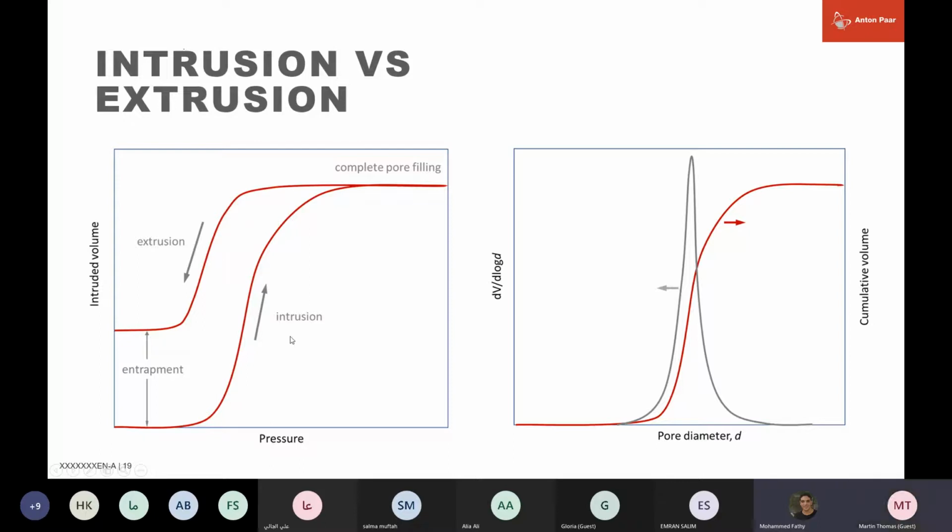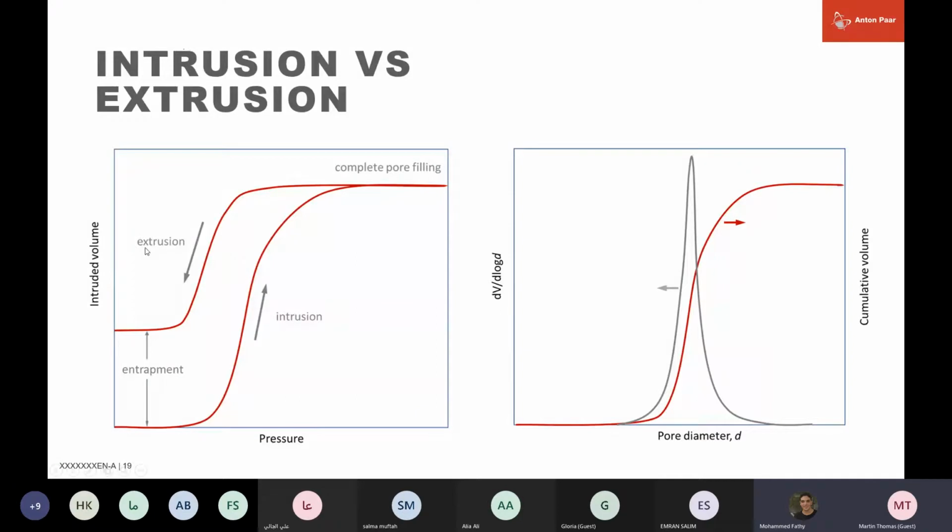Now, there's some different reasons for this. One is a change in dynamic contact angle. That is the contact angle with which the mercury moves into the pore, okay, and the contact angle that the mercury makes when it moves out. So in contact angle science, if you like, during intrusion, we have what's called an advancing contact angle.